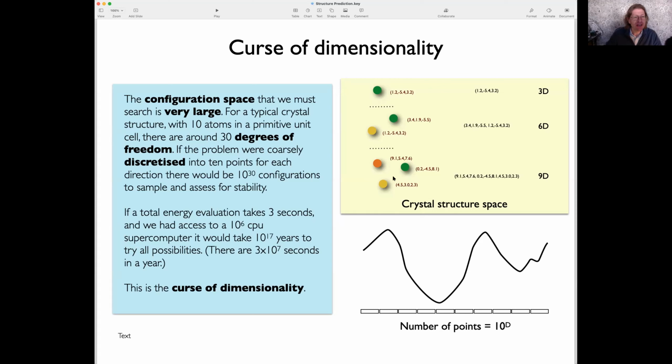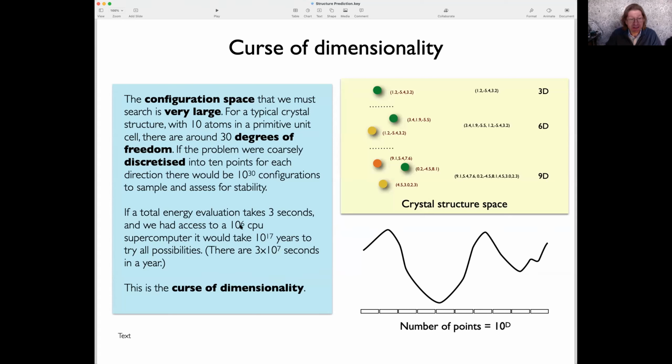So for example, a typical crystal structure with 10 atoms in the primitive unit cell would have about 30 degrees of freedom. Even if it was coarsely discretized, you'd have 10 to the 30 different configurations. Say a total energy evaluation took 3 seconds, and we had a supercomputer with 1 million cores.